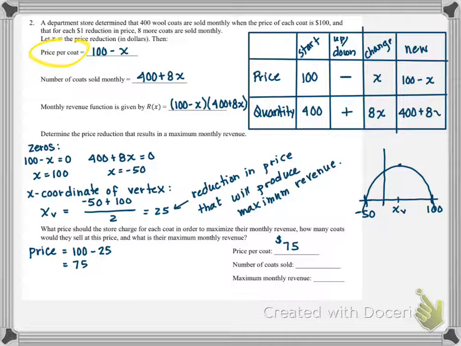And then if I want the number of coats sold, I just look for the number of coats sold. And that's my quantity, 400 plus 8 times 25, which is 600.